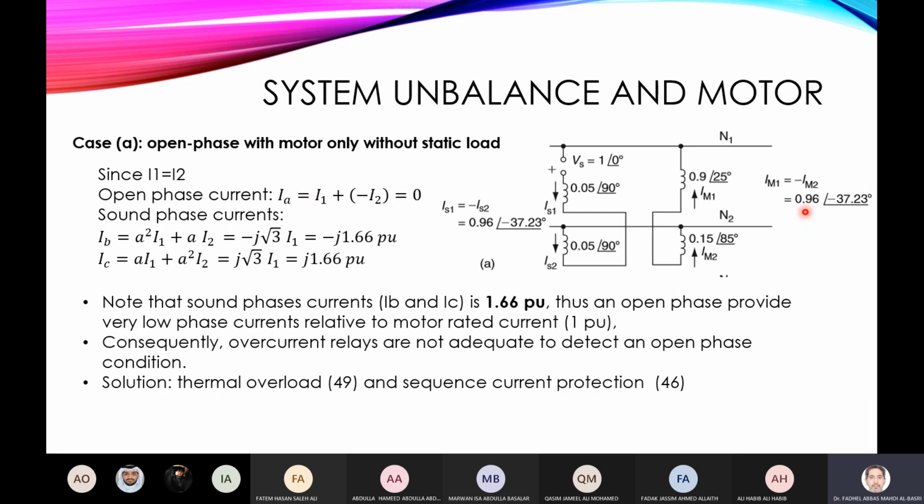So when you have a fault like an open phase, negative sequence becomes very large. So even if I take 10-20% of the rated value as your pickup, it will be good to sense and detect the negative sequence. So it's much better to use negative sequence to detect an open phase.